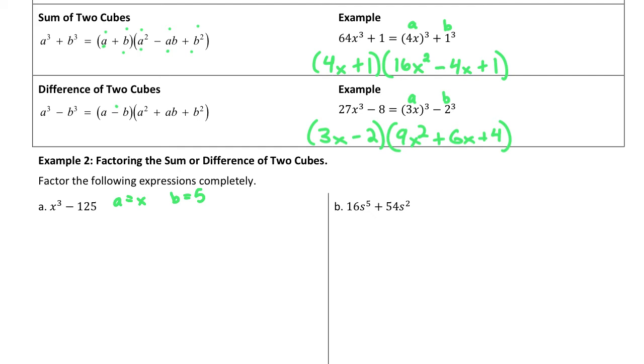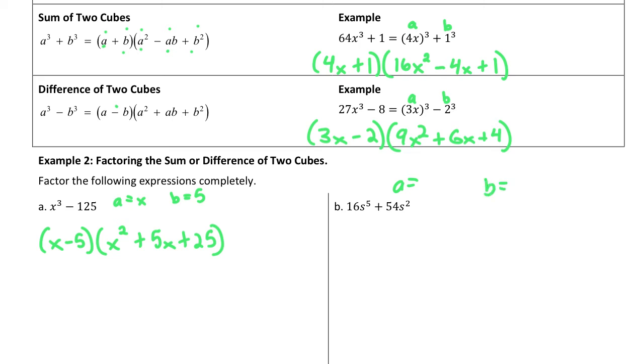So the way we write this, since this is a difference, it's going to be x minus 5 times x squared plus 5x plus 25. So it's just following that pattern of a squared plus ab plus b squared. So you got to know what a and b are. That's what helps here, at least, with following this pattern, is deciding what a is, deciding what b is.